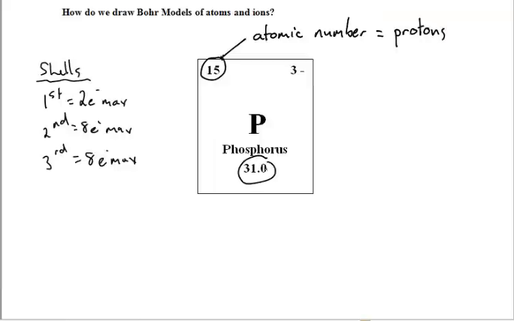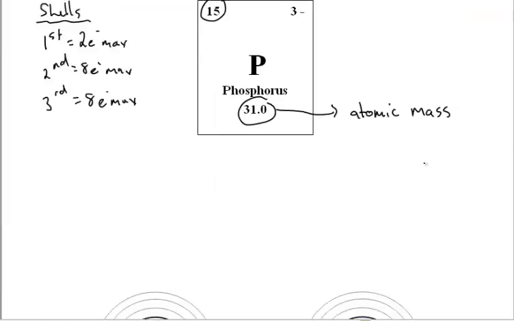Down here, we have the atomic mass, which sometimes has a decimal after it because isotopes throw off the number and we get an average. So if we have the atomic mass, we round to the nearest whole number. And this is now called the mass number.